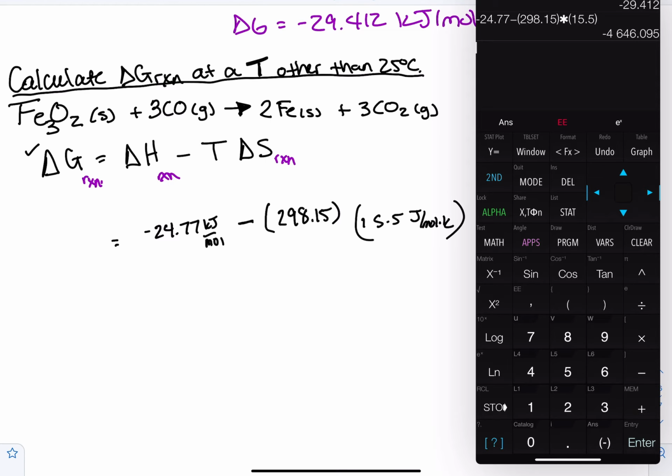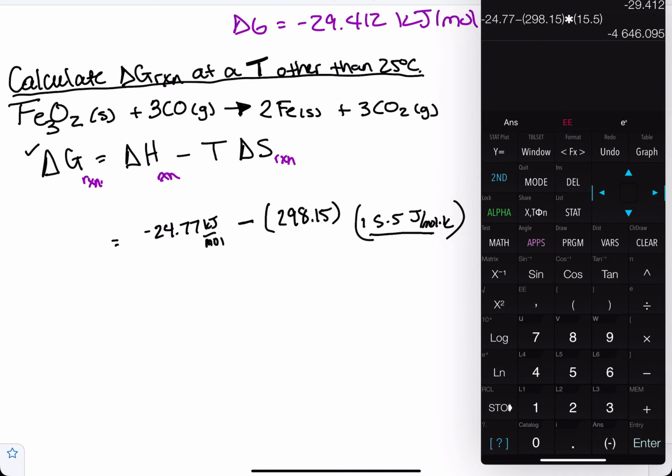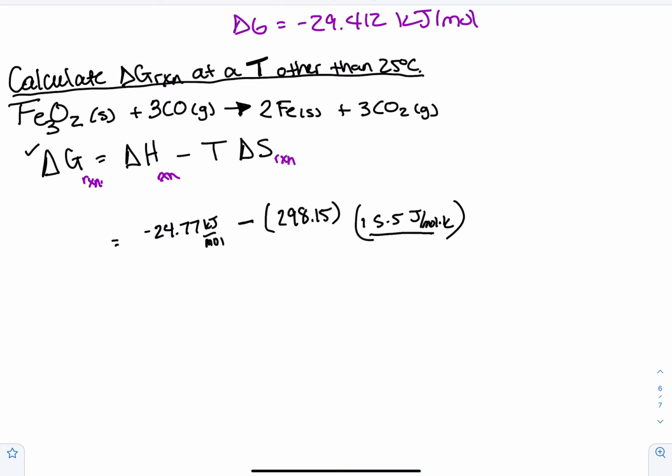And that gives me, oops, let me show you. Here's the big kicker. You can't just put this in as the kilojoule value because it isn't. It's a joule. So what we also have to do is, in 1 times 10 to the third joules, we have 1 kilojoule.